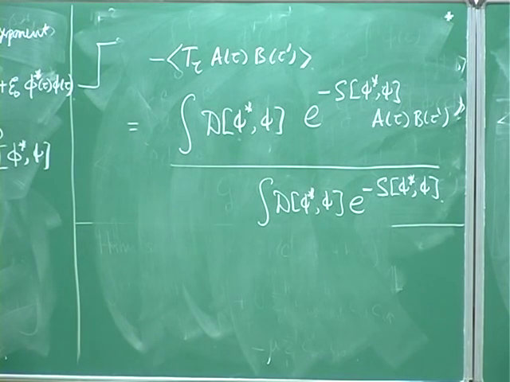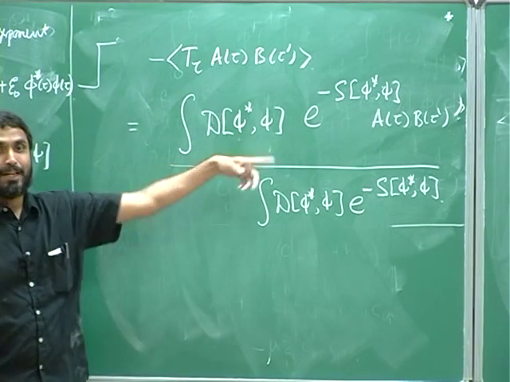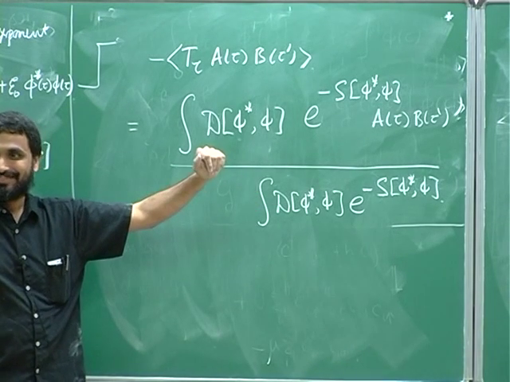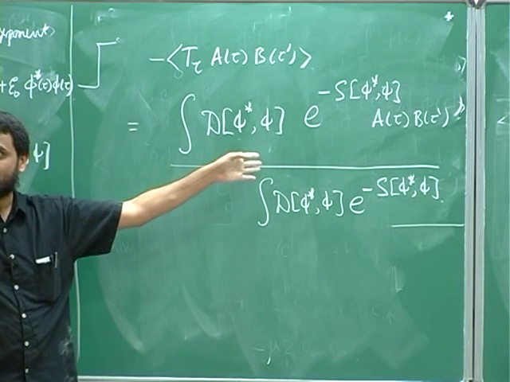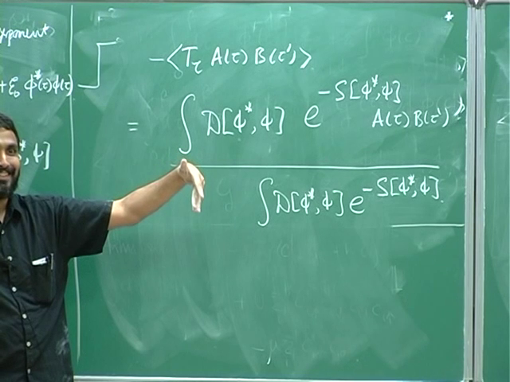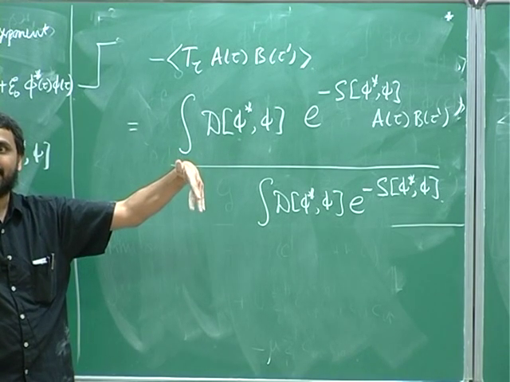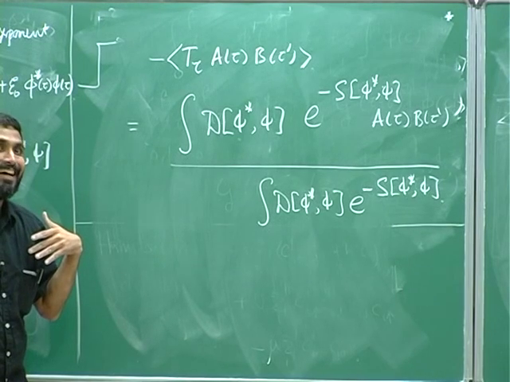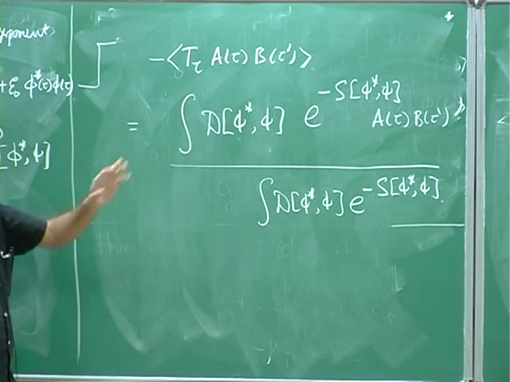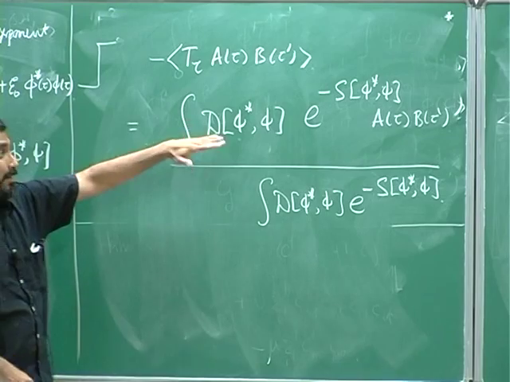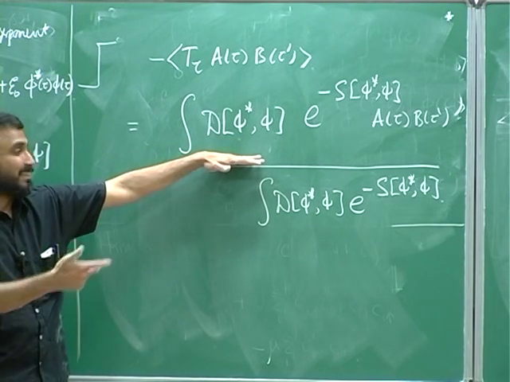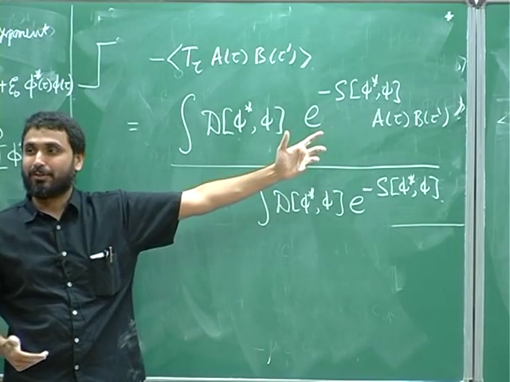Now you may ask, where did this time-ordering T go in here? I have not done anything about it. I have just simply ignored it. Right, exactly, that's absolutely correct. The nice thing about path integrals is that they're automatically time ordered.